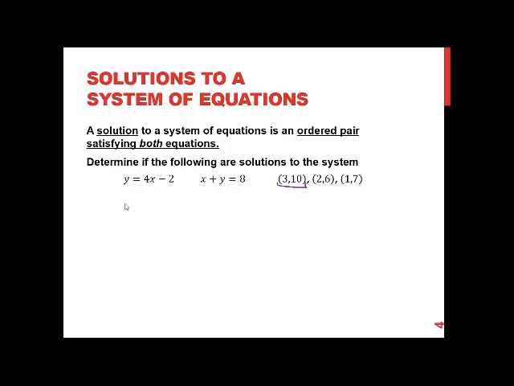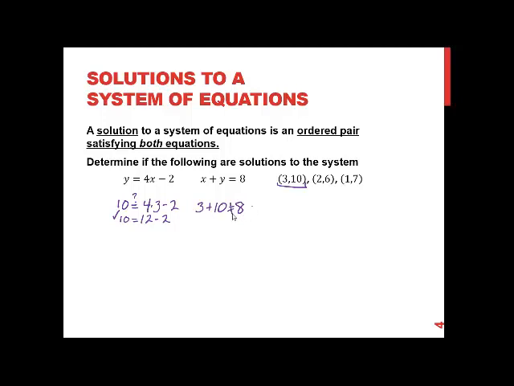Alright, let's see. 10 equals, we hope, 4 times 3 minus 2. And 10 equals 12 minus 2. Okay, 3, 10 satisfies the first equation. Does it satisfy the second one? 3 plus 10 equals 8.